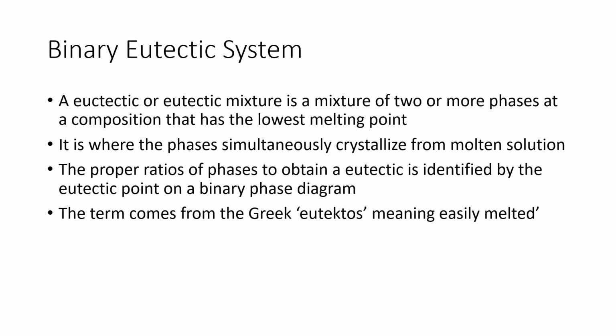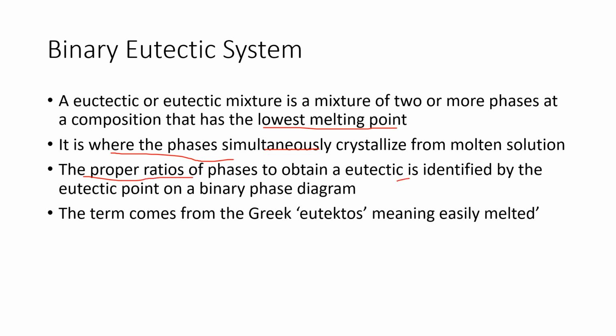A eutectic or eutectic mixture is a mixture of two or more phases at a composition that has the lowest melting point. It is where the phases simultaneously crystallize from molten solution.